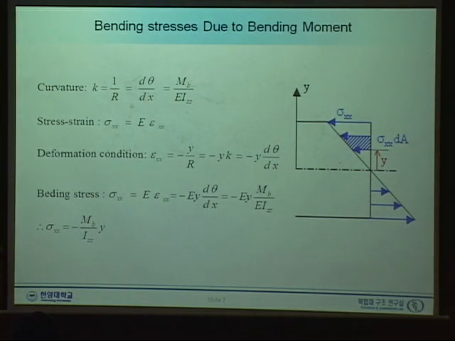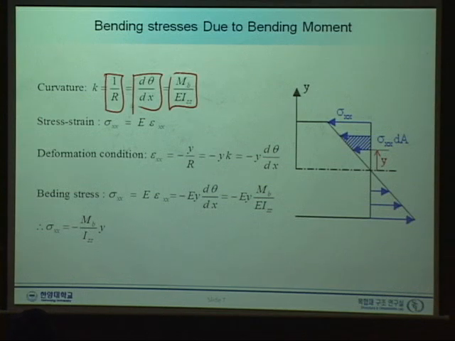So anyhow, here is all the summary. And curvature, okay, curvature is 1 over r, which is the same as d theta dx, and which is simply given M over EI.